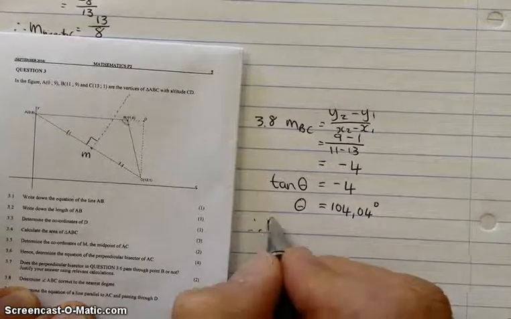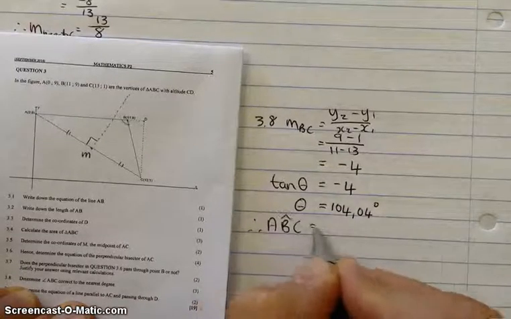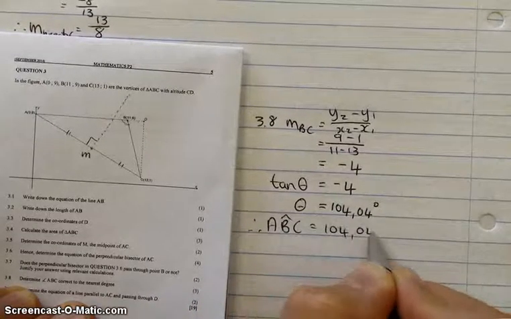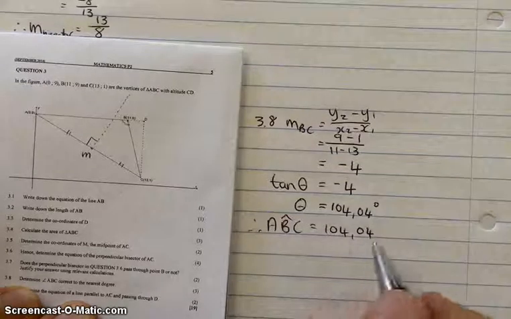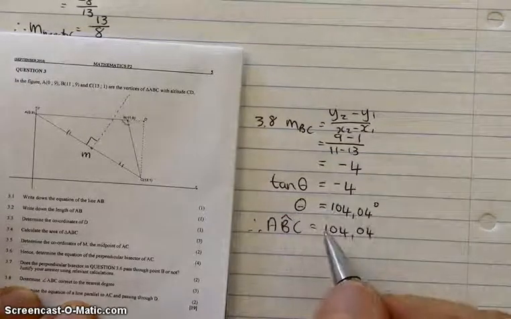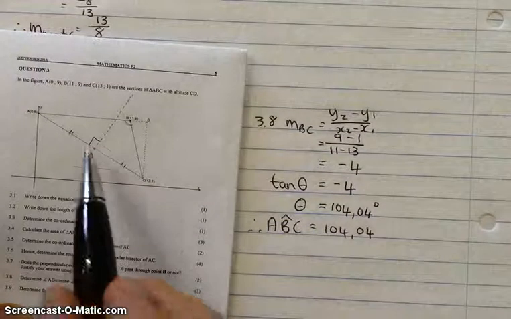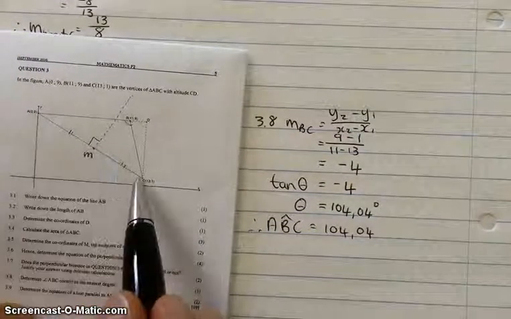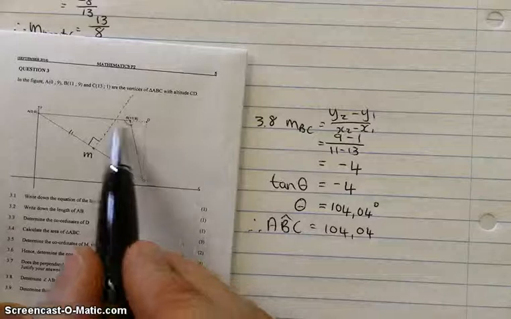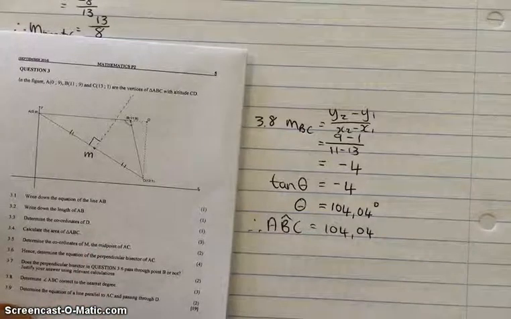So therefore angle ABC equals 104.04. You could also use the cos rule to bring in a little bit of trigonometry to solve this question, because since you have the length of the two sides, you can actually calculate what your angle is.